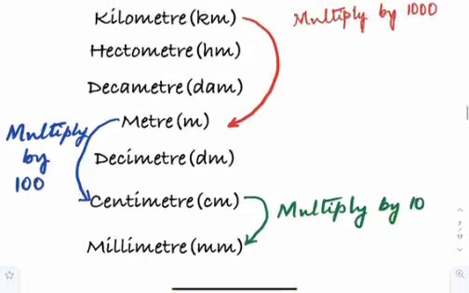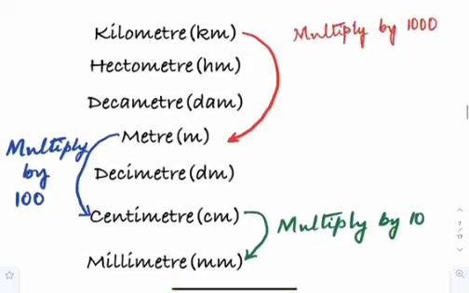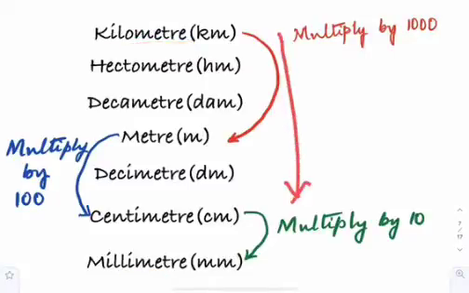Now what did you observe here? If I have to convert greater units of length to smaller units of length. See, this is the greater unit of length. This is the smallest one, correct? So from here we are going downwards. That is, I am trying to convert greater units of length to smaller units of length. We multiply.